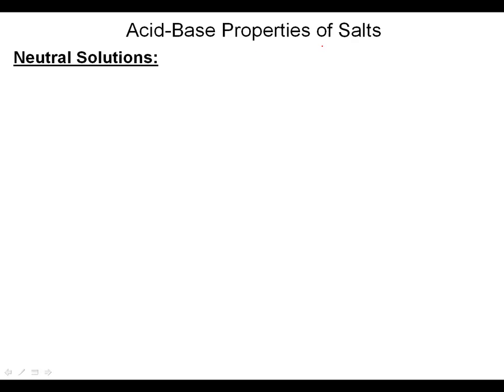So our acid plus our base gives us our water and our salt. And again, our salt is an ionic compound. In certain cases, the salt is really important because in certain cases, the salt will not have any type of effect on the pH of the solution.